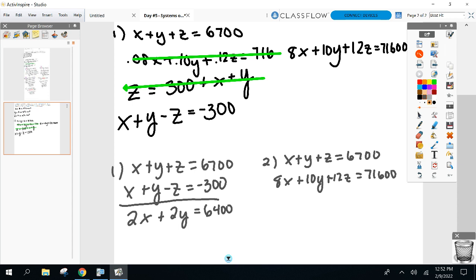So what do you want to multiply the top one by if we're going to eliminate z? 12 or negative 12? We use the first one. Negative 12. Negative 12x minus 12y minus 12z. Oh, somebody help me out here. Negative 8,400.